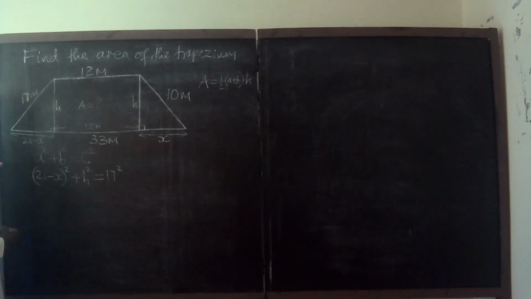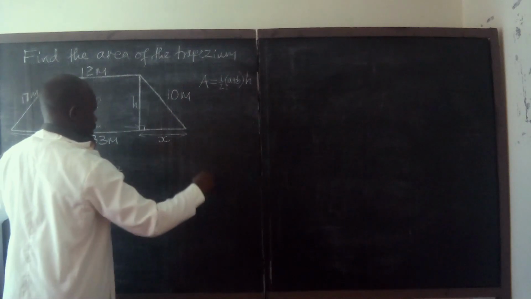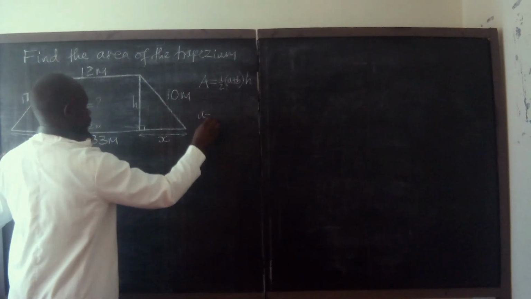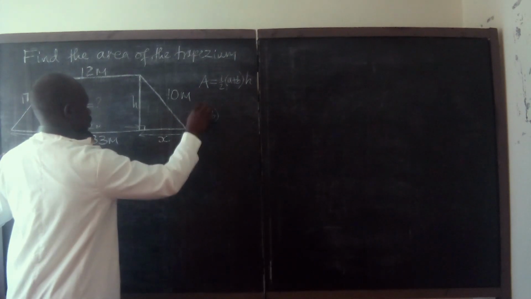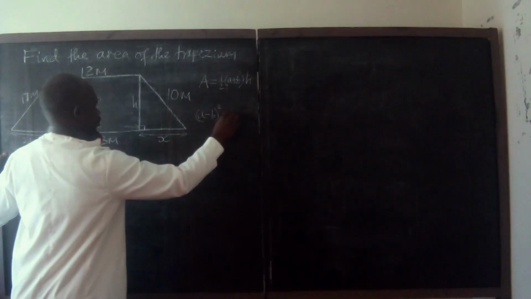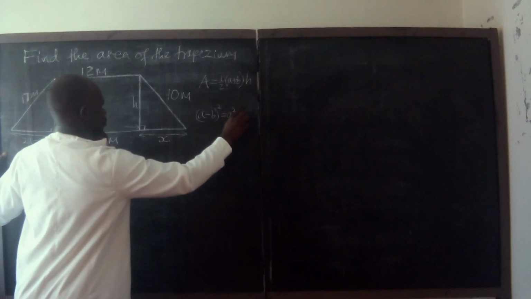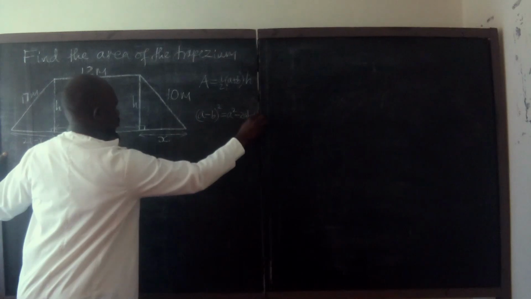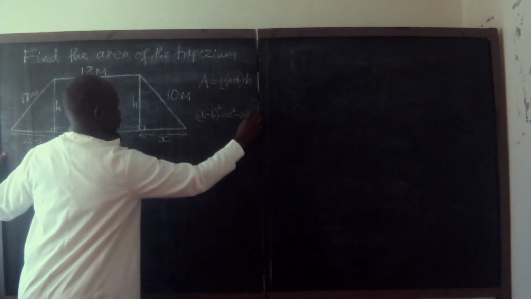So I expand it using the quadratic identity, whereby a minus b squared, if you expand it, we get a squared minus 2ab plus b squared.